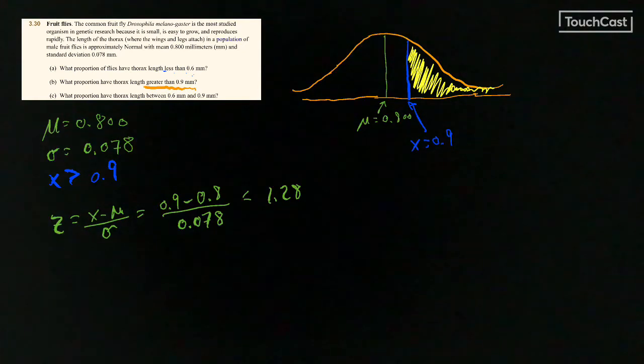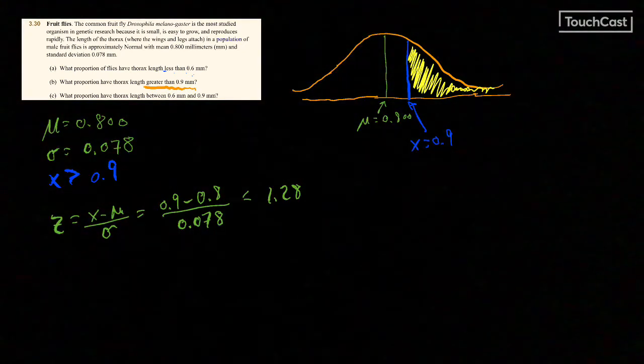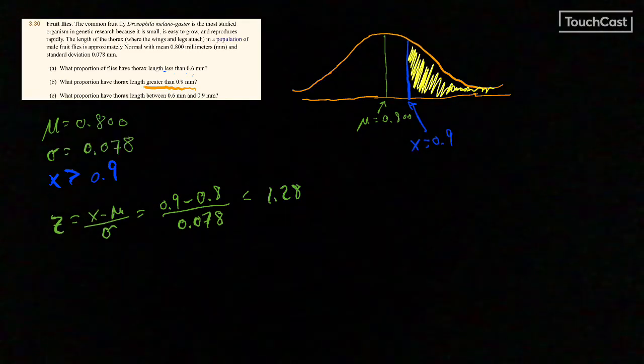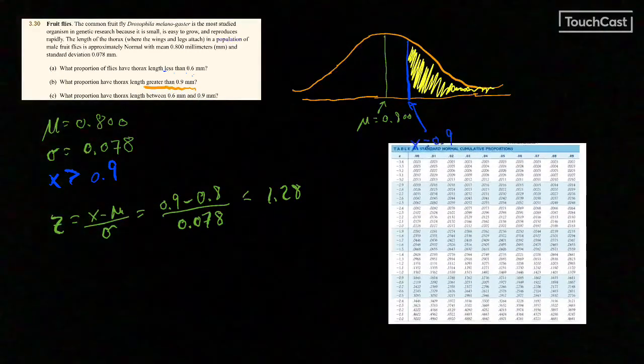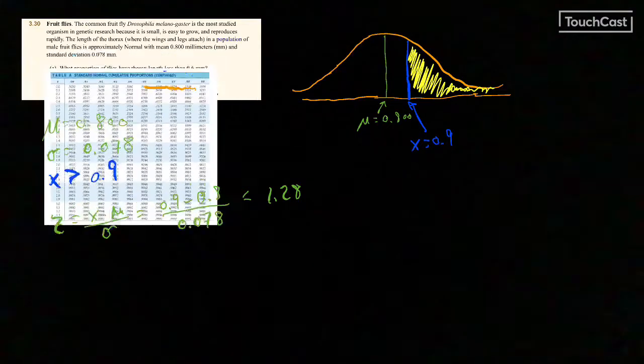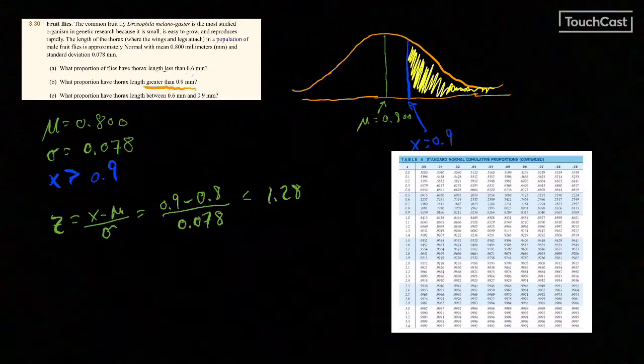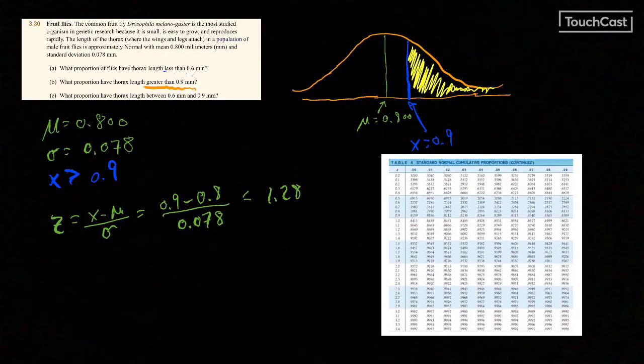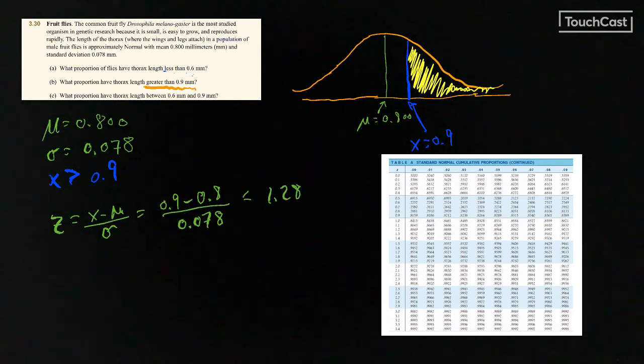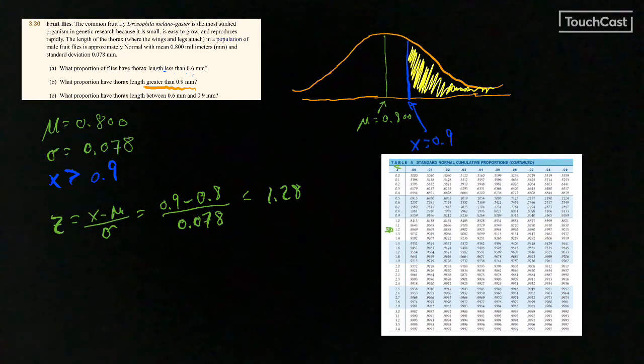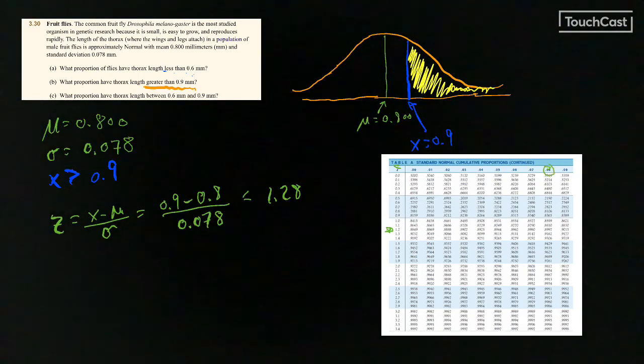So that's z. Now we need to actually figure out the proportion. So I'm going to go to the handy-dandy z table, which we don't want that one. We actually want the positive one now. So here's my positive z table here. And you can see we're going to look for 1.2 in the z column here. So 1.2 is here. And then we're going to go over to the 8, which is here.